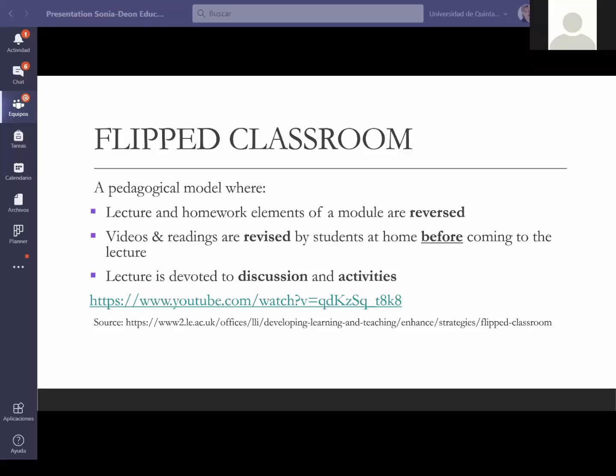There was a teacher who used to teach us biology, and he used to employ this kind of flipped classroom, but I don't think he did it right. He used to give us a topic to study at home, a whole bunch of readings and really long videos, and the next day he would say, okay, now you can do this homework.